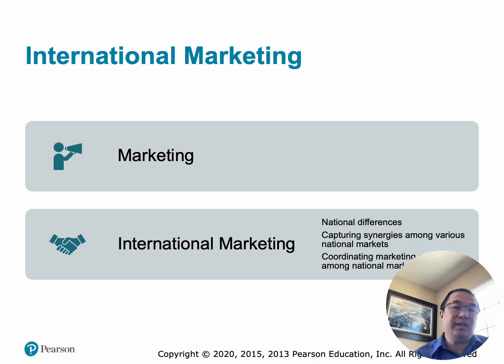This introduces the concept of international marketing and highlights how it differs from domestic marketing. Marketing is the process of identifying customer needs and wants, developing products and services to satisfy those needs, pricing, promoting, and distributing products, and creating value for customers and the company. So here's a simple example.